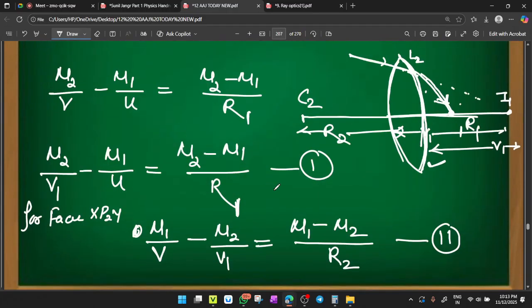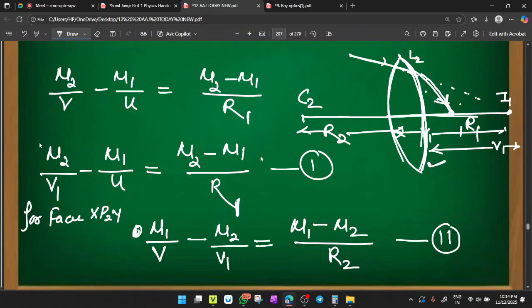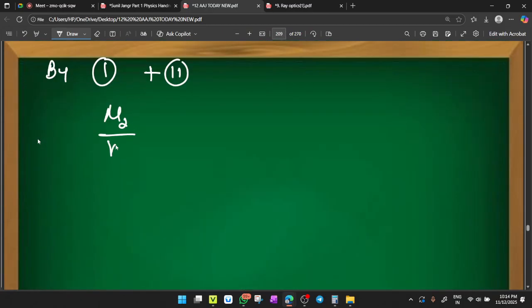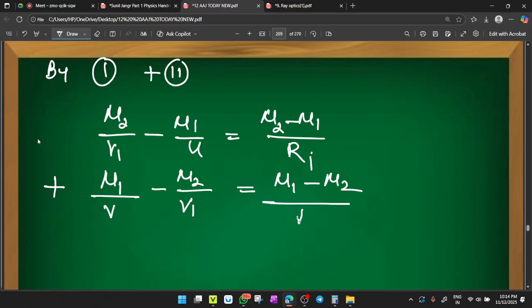Now we have to add equation number 1 with equation number 2. So by performing first plus second. What is the first equation? Mu2 upon v1 minus mu1 upon u equals mu2 minus mu1 upon r1, plus mu1 upon v minus mu2 upon v1 equals mu1 minus mu2 upon r2.